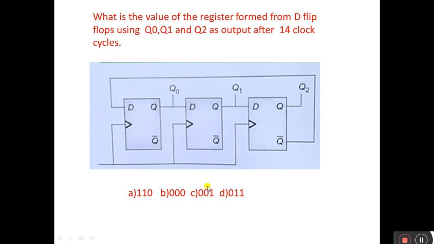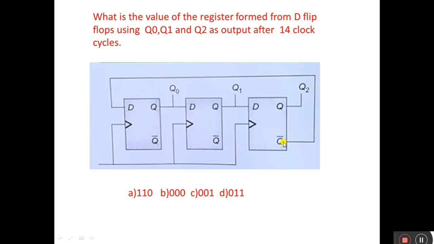Next, what is the value of the register formed from D flip-flops, using Q0, Q1 and Q2 as output, after 14 clock pulses? So what is the output of Q0, Q1, Q2 after 14 clock cycles? The options are A 110, option B 000, option C 001, option D 011.